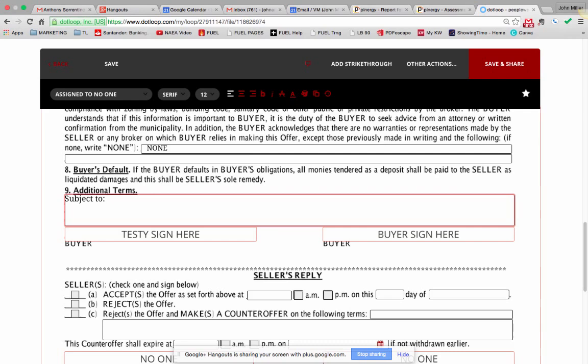The other thing you could do is subject to satisfactory walkthrough inspection within 24 hours prior to closing. This is a very common thing that you see. It's oftentimes written in the purchase and sale agreement.